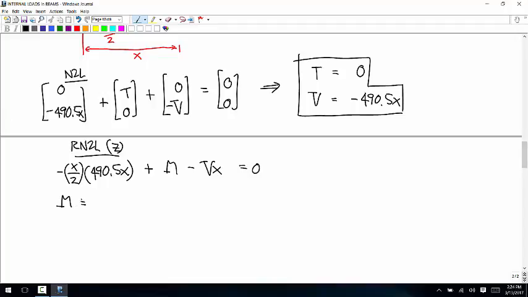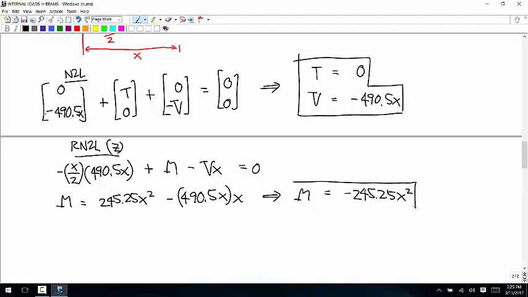So m is equal to positive 245.25 x squared minus 490.5 x times x. That's the v times x. And you get that m is equal to negative 245.25 x squared.